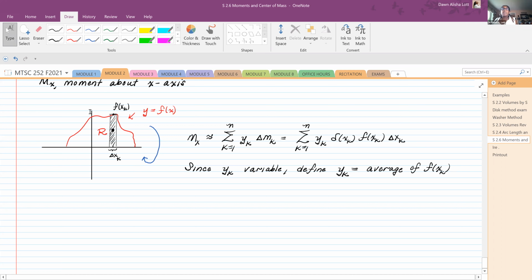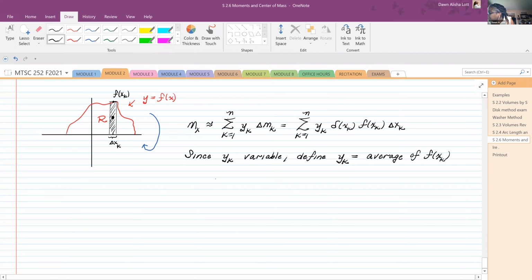I'm just going to say it's going to be there. And so we define yk to be 1/2 of f of xk. So it is the same integral I just did. Now I'm explaining it better.